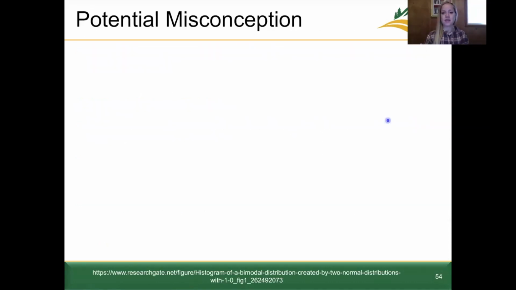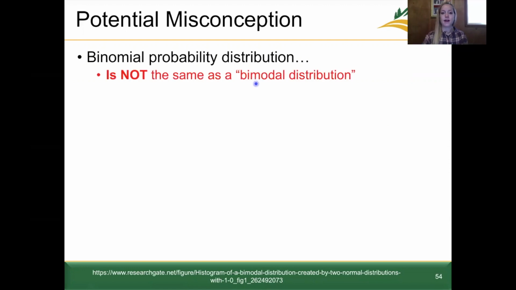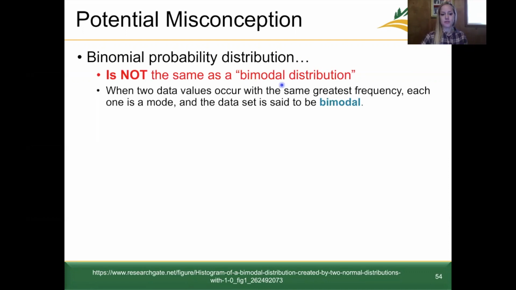Before we get into an example of using binomial probability distributions and solving problems in this way, I want to touch on one potential misconception. Binomial probability distributions, what we're looking at in 5.2, are not the same as a bimodal distribution. If you remember talking about that, I think that was in chapter 3.